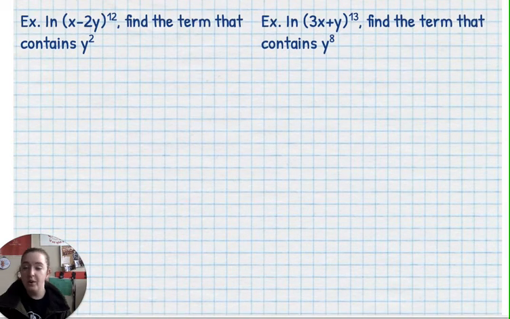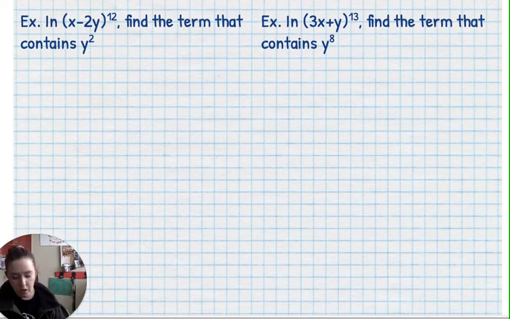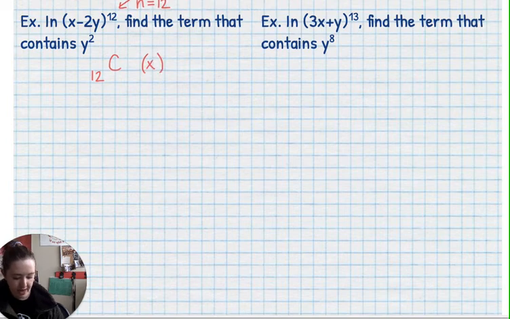All right, so we want to find the term that contains y squared in x minus 2y to the 12th. So, first of all, we know that n is going to be 12. So we know we're going to have 12 choose something. We know we're going to have x to some power.